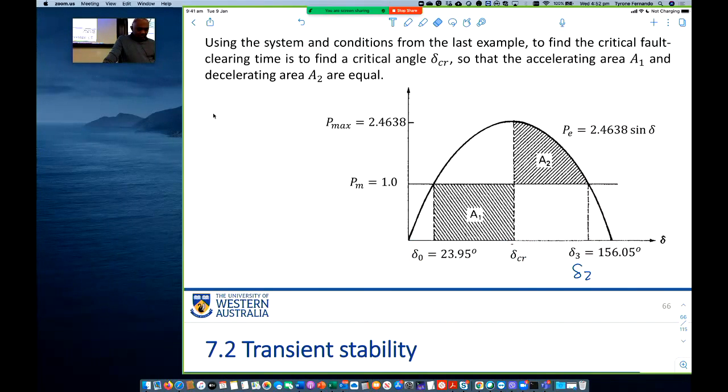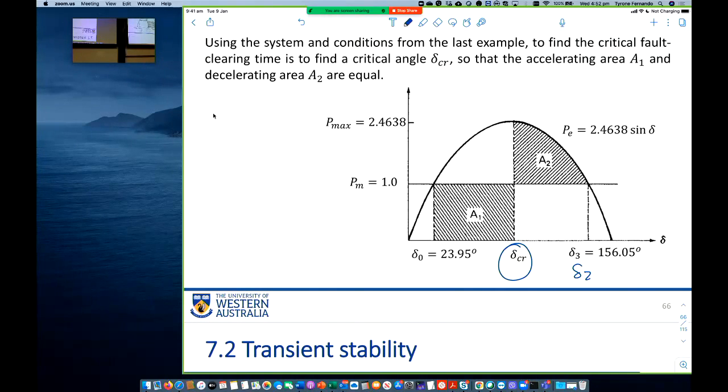The fault is actually cleared at this point when delta equals delta critical. So A1 and A2 are the same, and delta 2 and delta 3 are the same. If you wait any longer to clear it, if delta critical increases beyond that, then to make A1 equal to A2, delta 2 has to be to the right of delta 3.